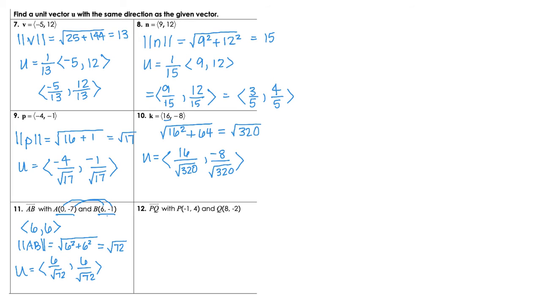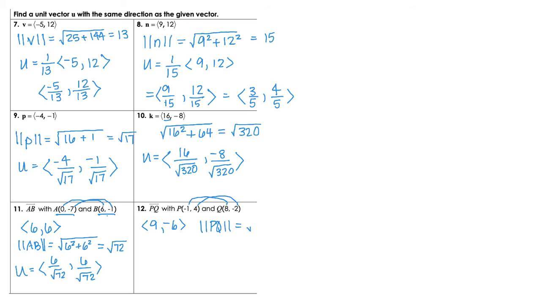Okay, again, number 12 needs to go to component form. So the component form of PQ, 8 minus the -1, so that's going to be 9. And then -2 minus 4 is going to be -6. So there's your component form. And so let's go look at your magnitude for PQ.